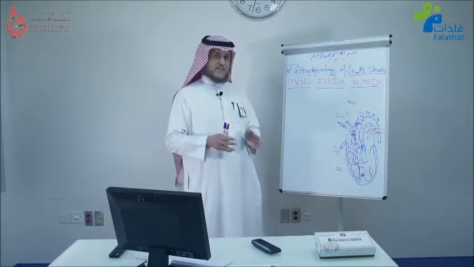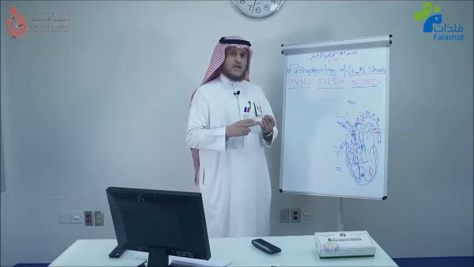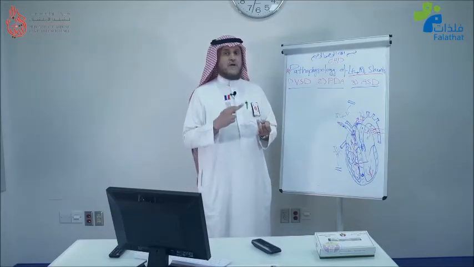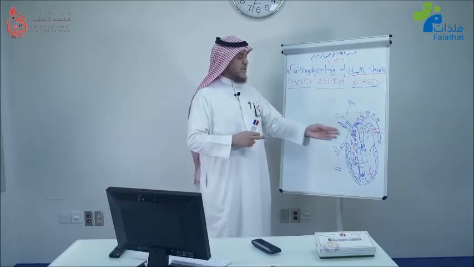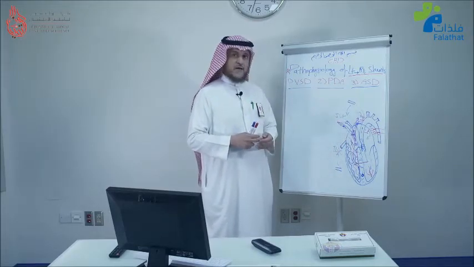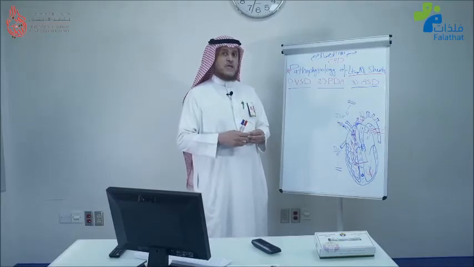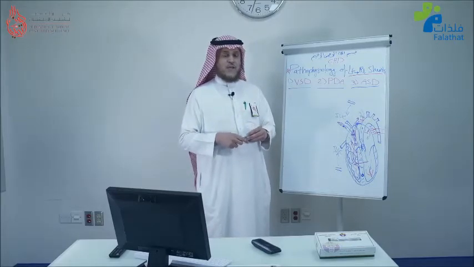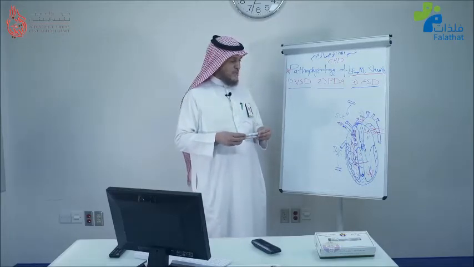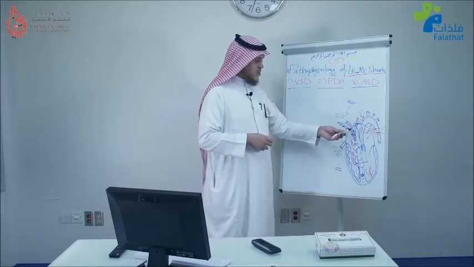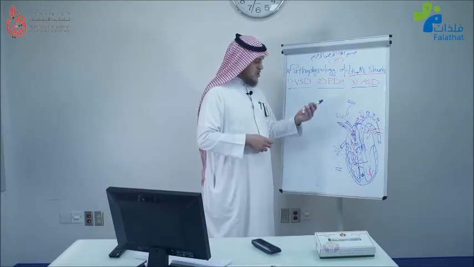And in a VSD which is large, which is transmitting a lot of extra cardiac output, left to right shunt to the pulmonary arteries and pressure, we do not allow it to stay more than 9 months in a baby, because it can cause irreversible pulmonary hypertension. What is that?